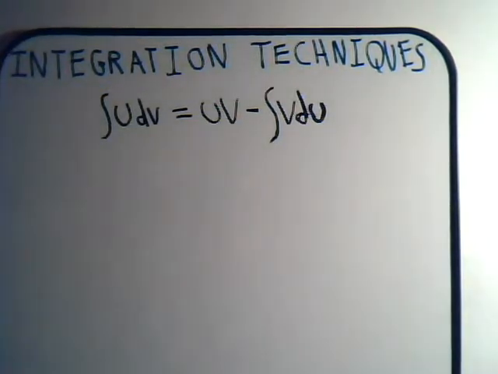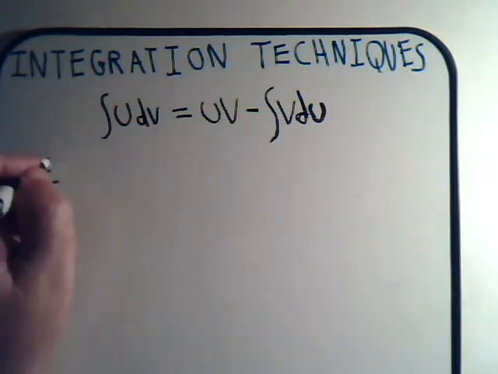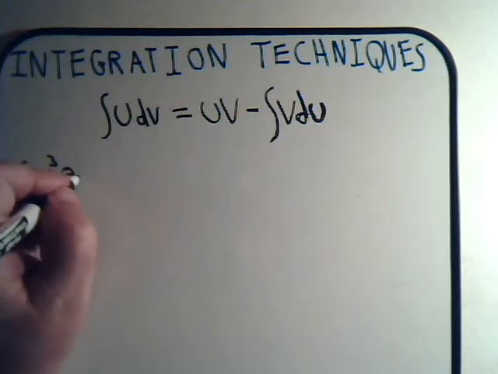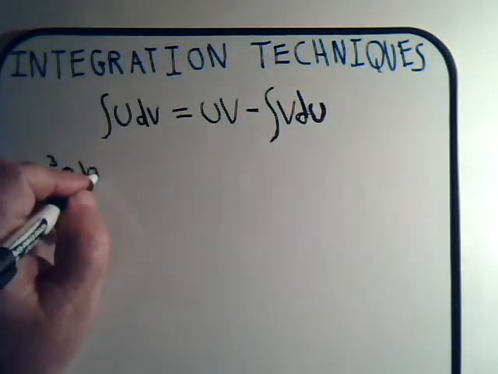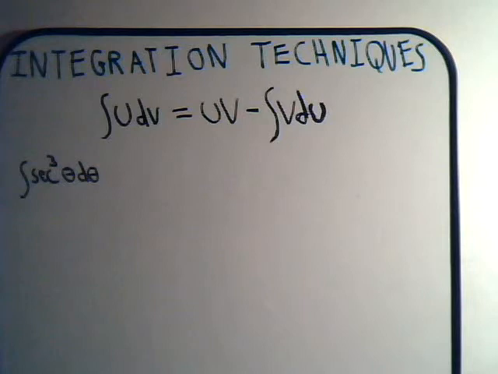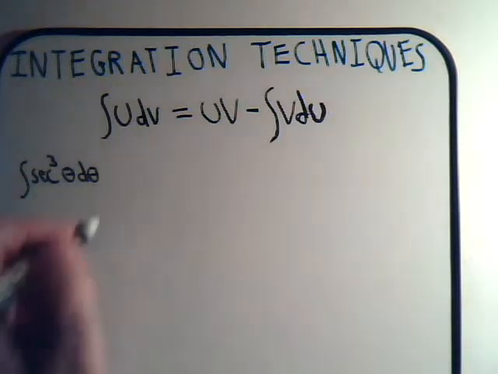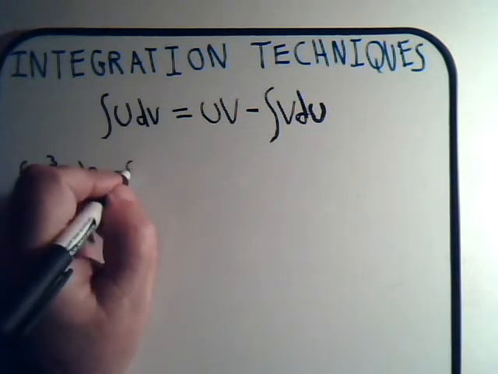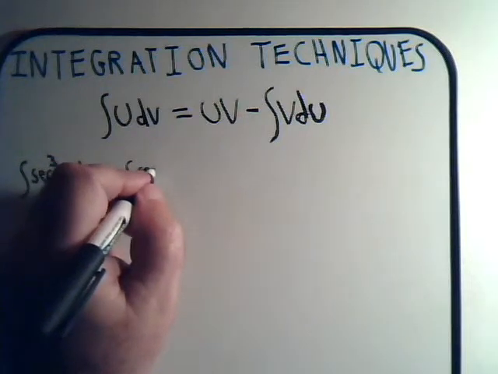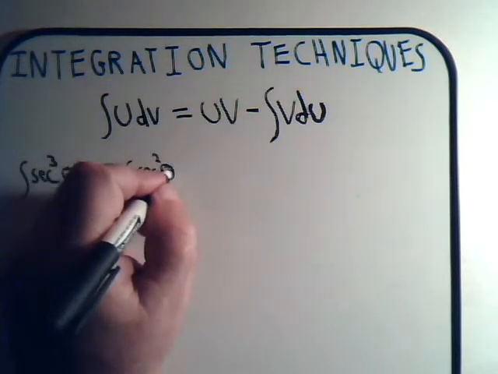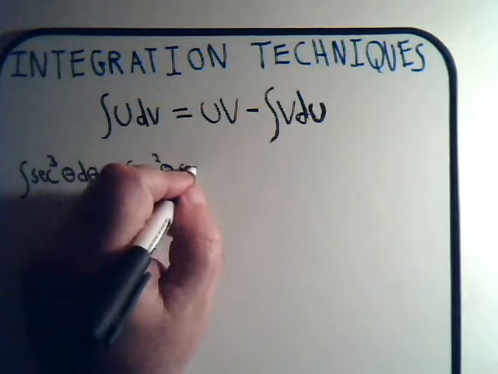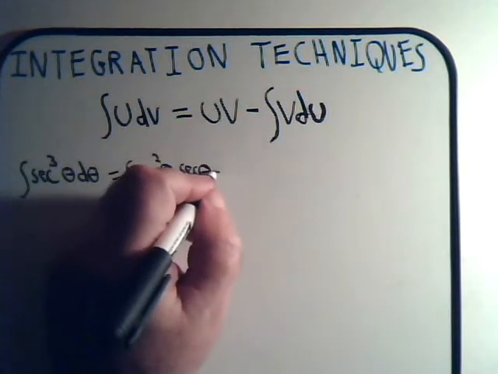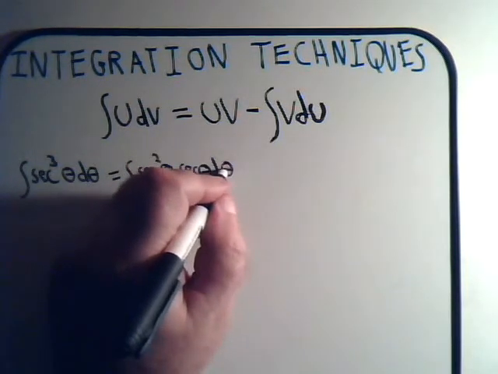Before we rewrite it using any trig substitutions, what happens if we just did this? We had the secant cubed theta d theta, and so far we've just encountered a bunch of dead ends. Write it like this though. The secant squared of theta times the secant theta d theta.